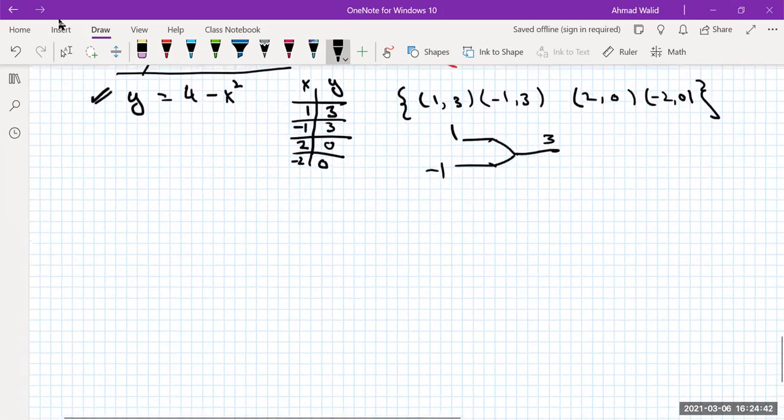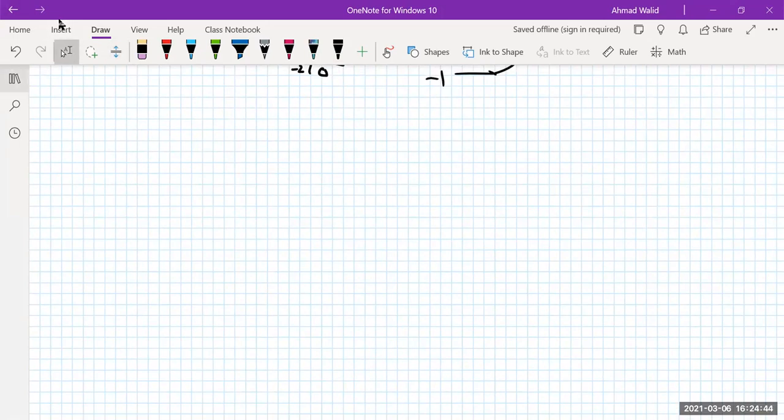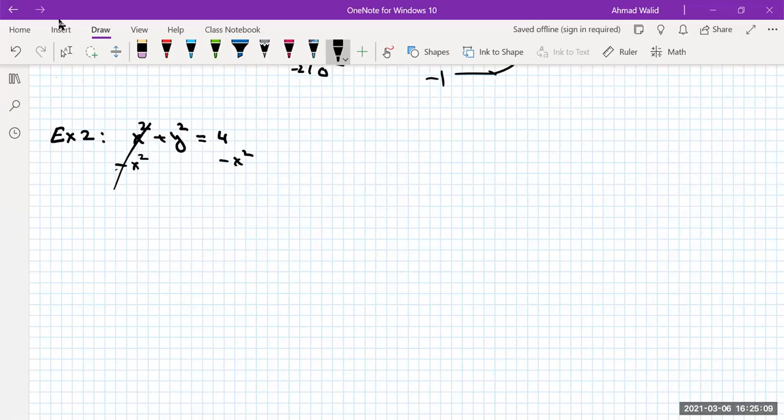Correct? Look at this example now. Example number 2. x squared plus y squared equals 4. First thing to do is solve for y. Subtract x squared from both sides. Then you can write y squared equals 4 minus x squared.